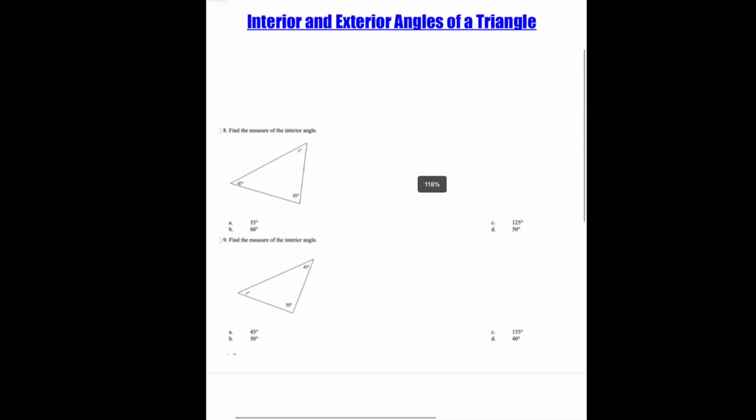We have two more problems left on the interior and exterior angles of a triangle. So let's look at number 8. Number 8, the same type of problem as last one. So you just need to add all the three angles. So 45 plus 80 plus x equal to 180. So that is 125 plus x is equal to 180.